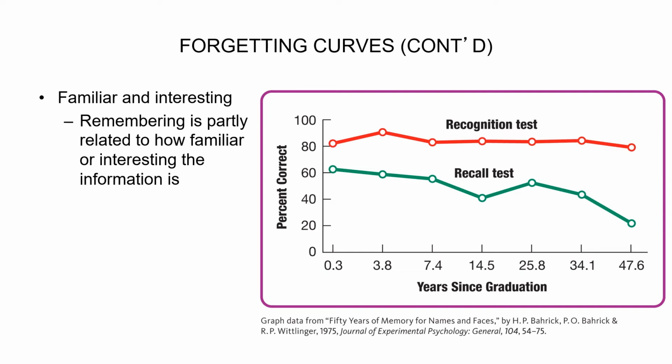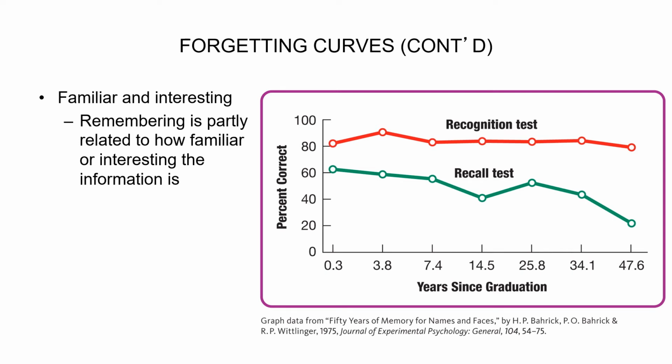And so again, a lot of this is due to how familiar and interesting the information is. So that last slide was talking about forgetting, but remembering is related too. Remembering is related to how familiar or interesting the information is. You see here a recognition test and a recall test on years since graduation for memory of names and faces.